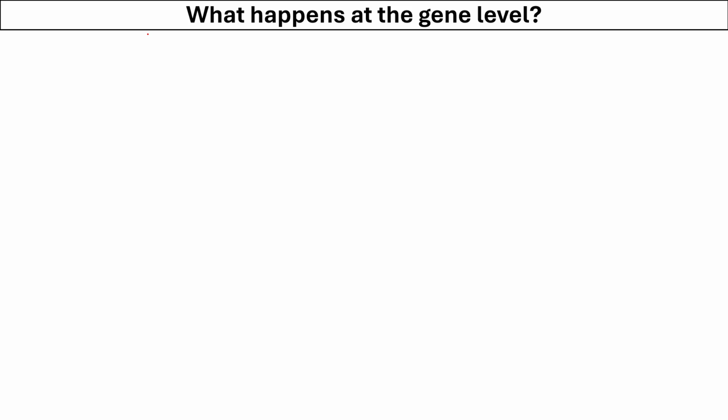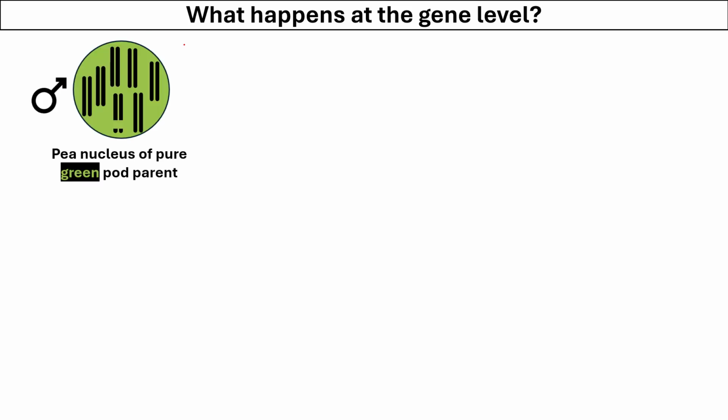Now let's see what is happening at the gene level. So the pea plant has 7 chromosomes, meaning 7 pairs of chromosomes. So 1, 2, 3, 4, 5, 6, 7.